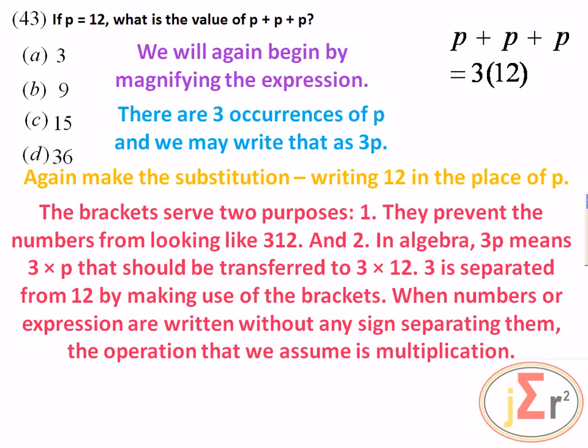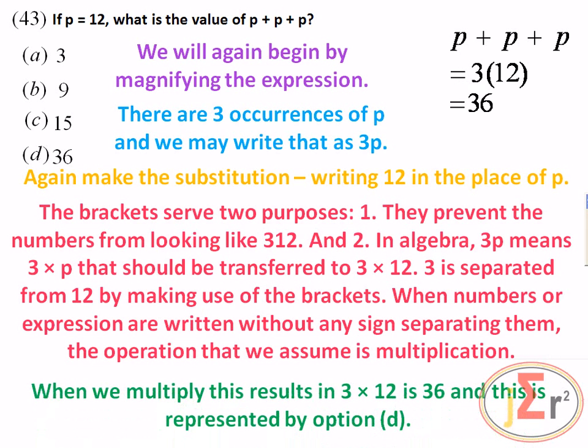Multiplication. Right, so it is multiplication. So 3 12s, 36. When we multiply, this results in 3 times 12, which is 36. And this is represented by option D.